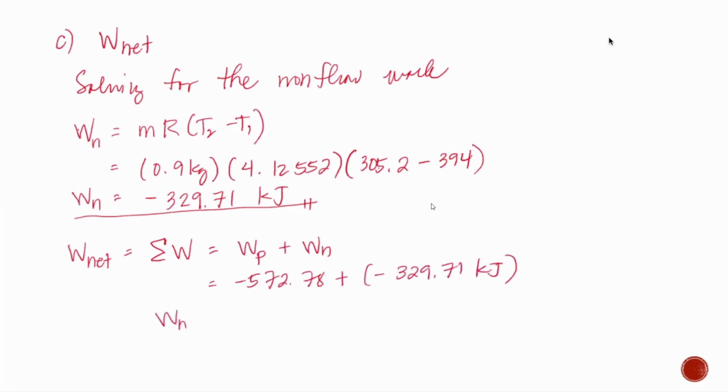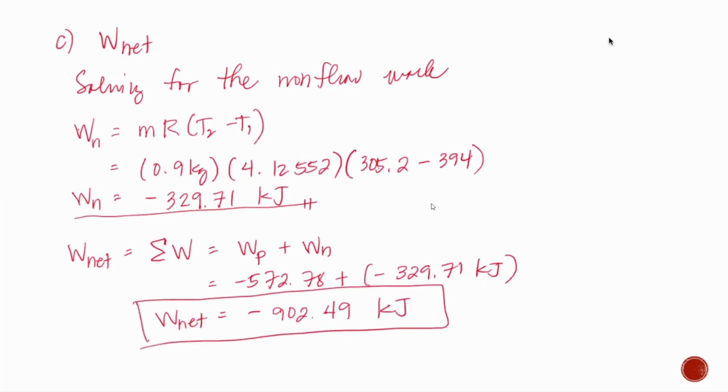So the network is equal to negative 902.49 kilojoules. Yan, no? Again, negative. As expected, nakakuha tayo ng negative na net work of the system.